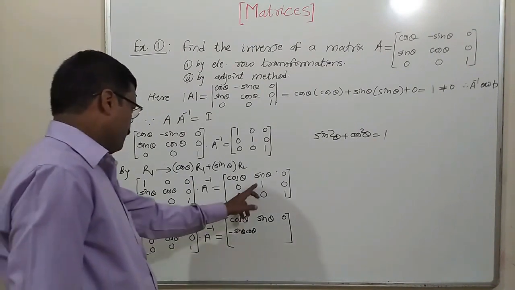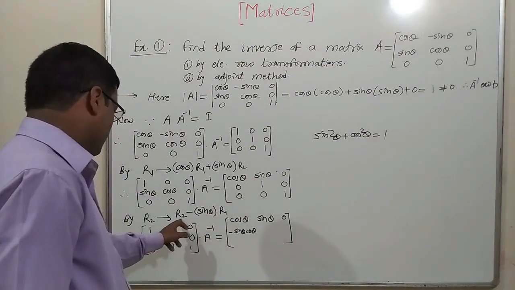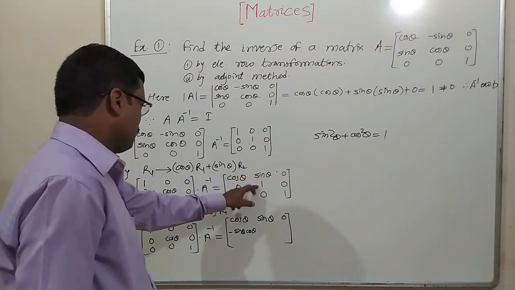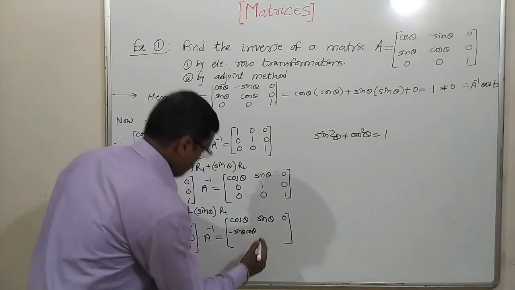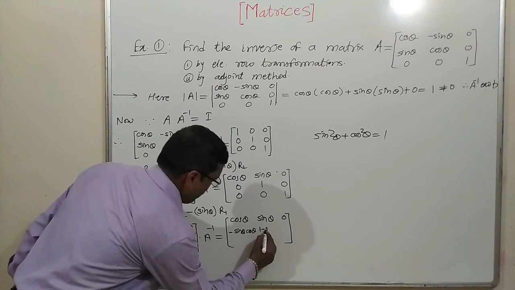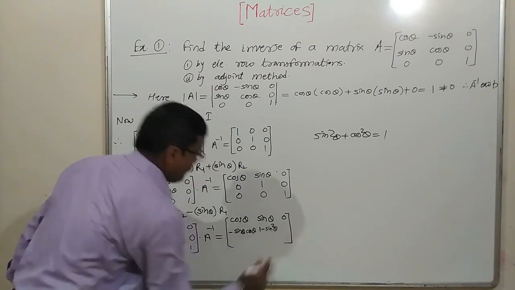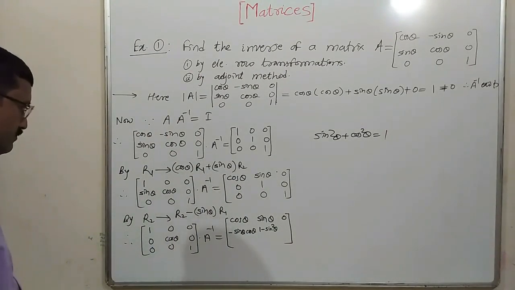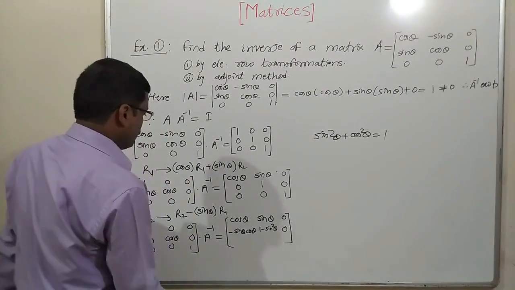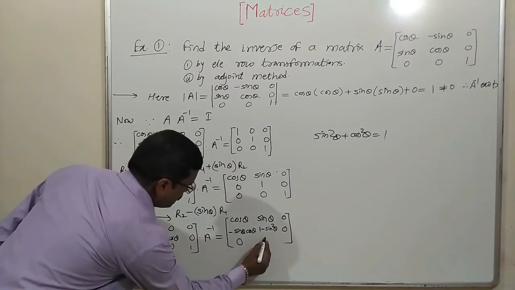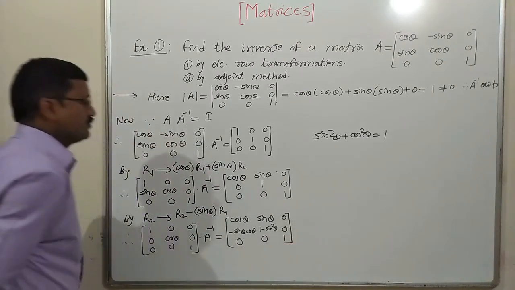Then here 1 minus r2 minus sin theta into r1. So 1 minus sin theta into sin theta is sin square. So 1 minus sin square theta. And in the last column, that is 0, 0, 0, 0. Third row, no change in that. So it is 0, 0, 1.